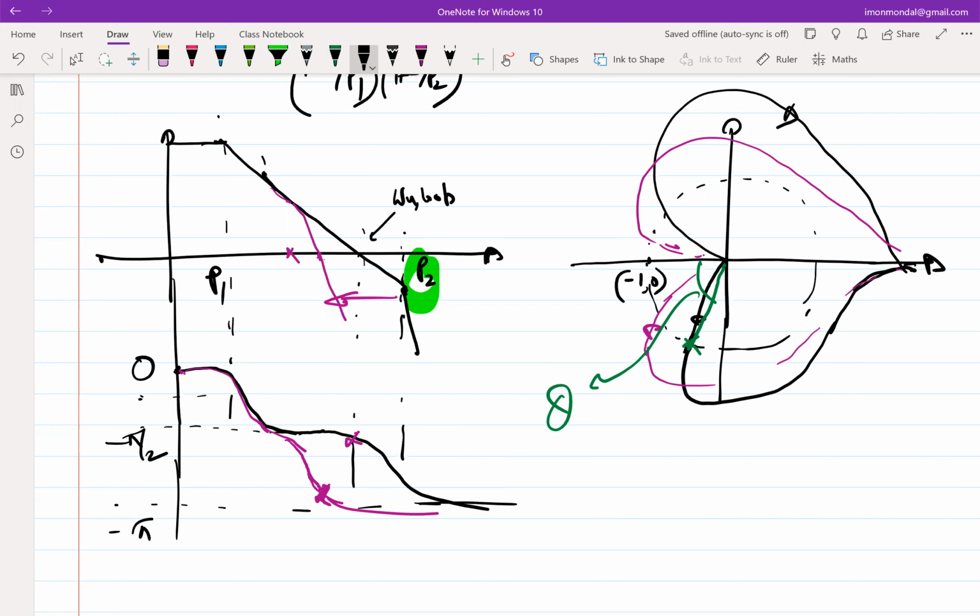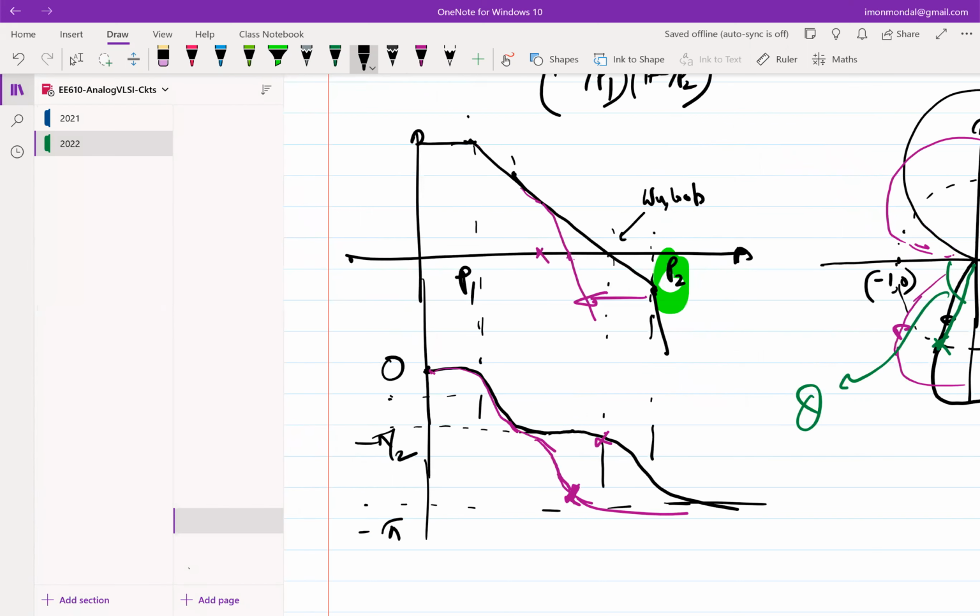Sir, another question: is there any point in the Nyquist plot where you can say that zeta is 1? Yeah, definitely there is. So you tell me, what is the condition on zeta equal to 1 from the previous lecture? There was a condition, right? What was the expression of zeta?